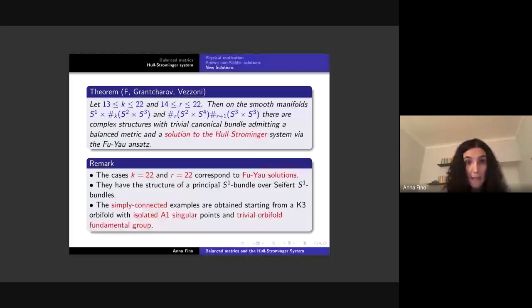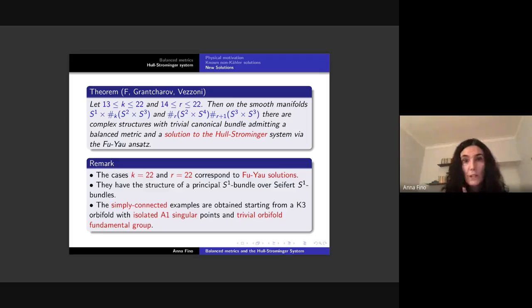The case K equal to 22 and R equal to 22 corresponds exactly to the Fu-Yau solution. And what we have essentially is a principal S1 bundle structure over S1 bundles. And the simply connected cases are obtained starting from a Kähler orbifold with isolated A1 singular points and trivial orbifold fundamental group, as I said.